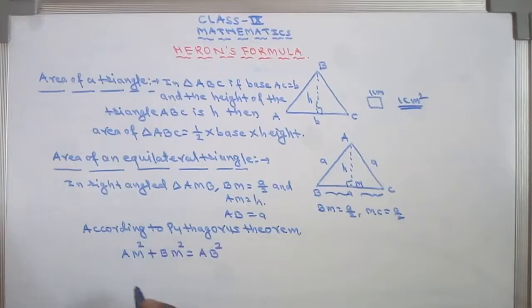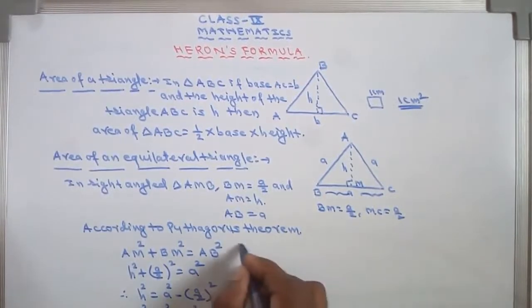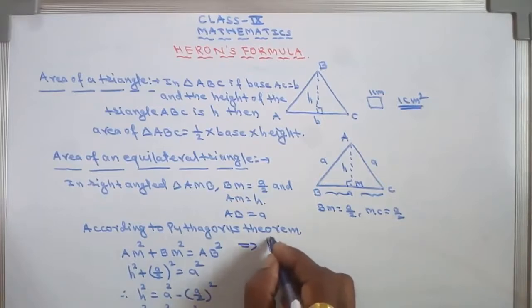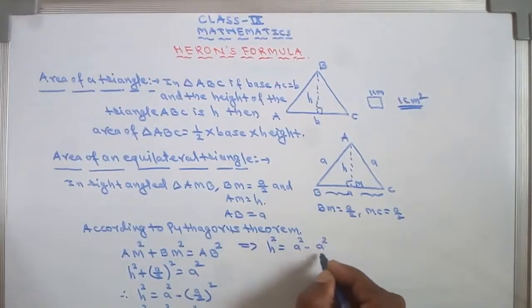So what is AM square? That is h square. What is BM? BM is a by 2 whole square. What is AB? That is a square. Therefore h square equals a square minus (a by 2) whole square. Transferring this term to the right hand side, h square equals a square minus a square by 4.